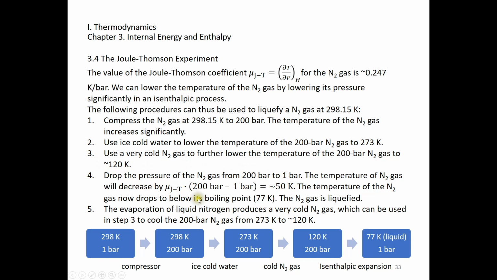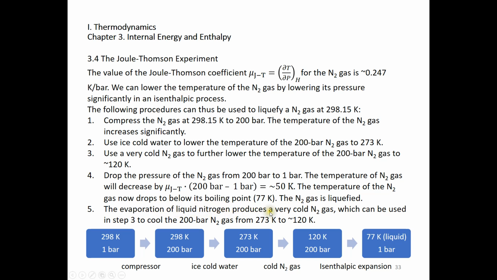70 K is below the boiling point of nitrogen, and therefore the nitrogen is liquefied. It now has 1 bar pressure and 70 Kelvin. By the way, how do we get this 120 Kelvin nitrogen gas, really cold nitrogen gas? It's because after we make this liquid nitrogen, inevitably we will have some evaporation of the liquid nitrogen.